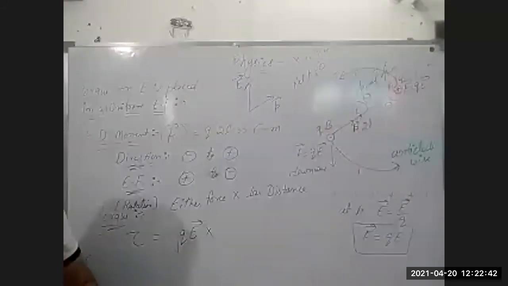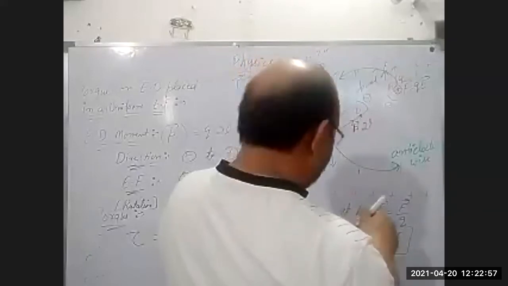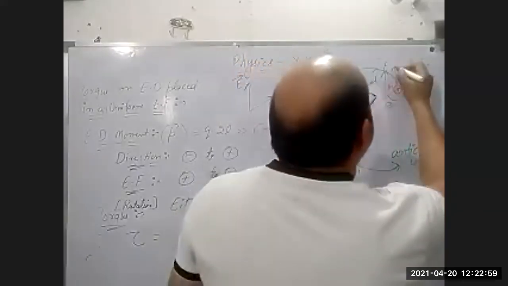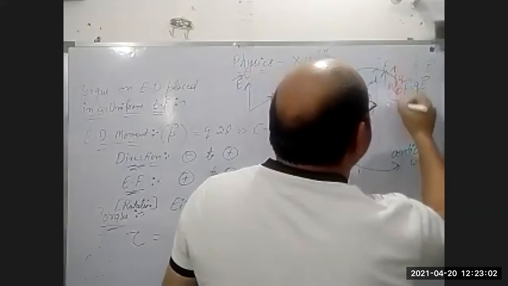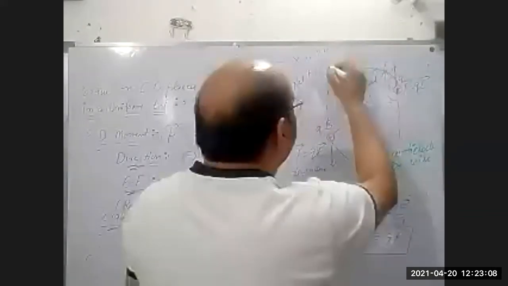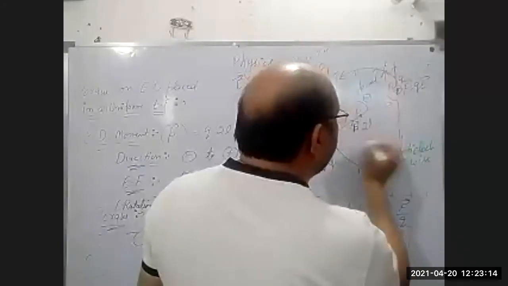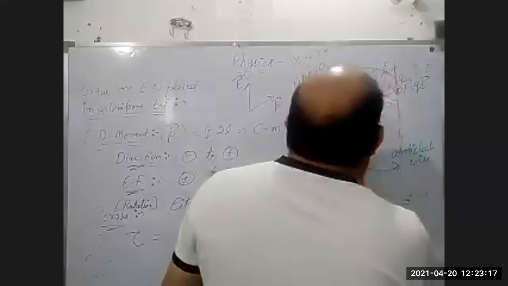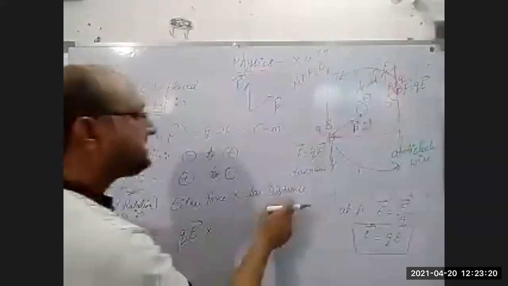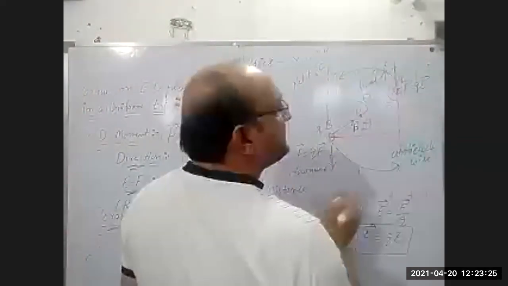How will you calculate it? The first force is in the upward direction; this is the line of action of the first force at point A. This is the line of action of the second force at B. The shortest distance between these is the perpendicular distance.